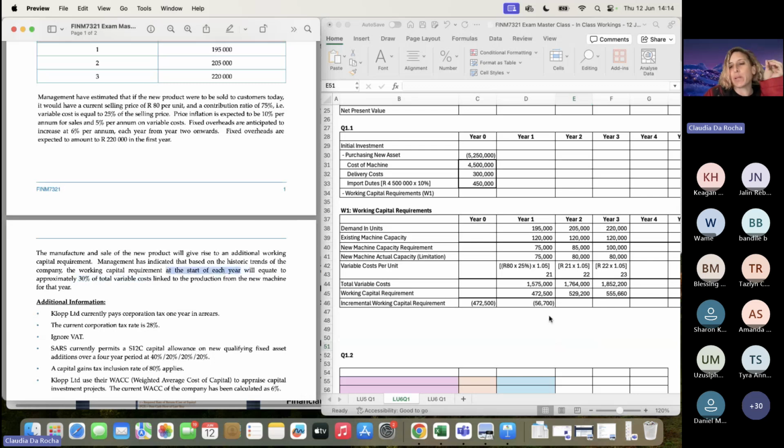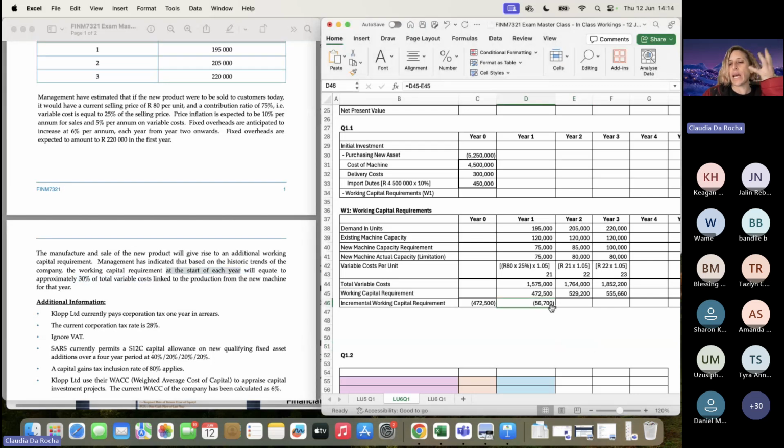So we know at the beginning of year 1 that for year 2, we need to get to 529,200. So we're going to pay it in that year. And then we have our last one. In year 3, we then sell the full amount, so we get a positive cash flow back.